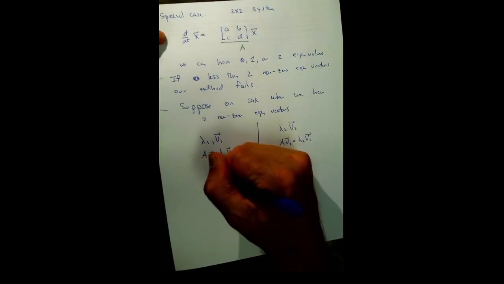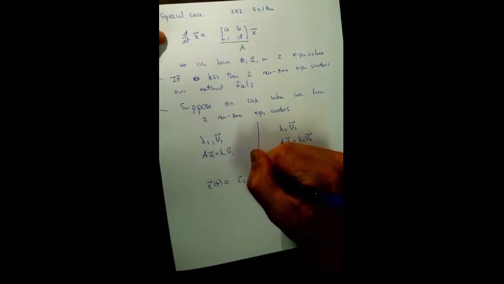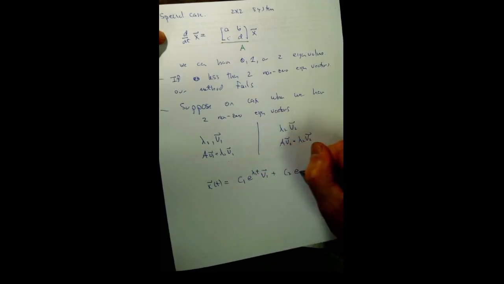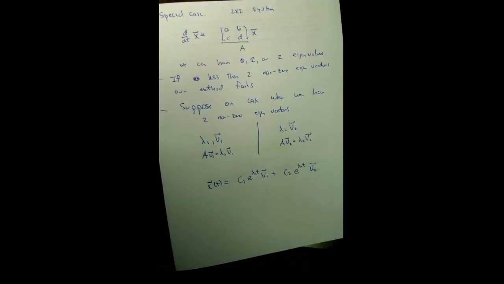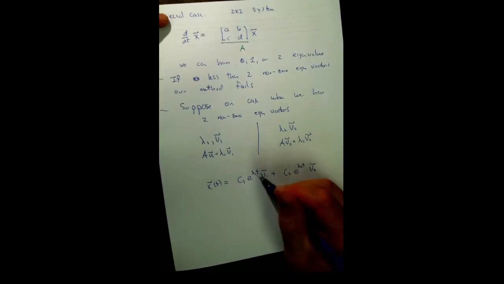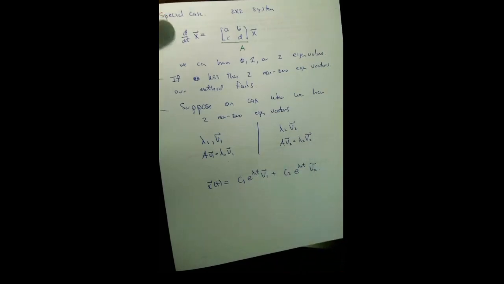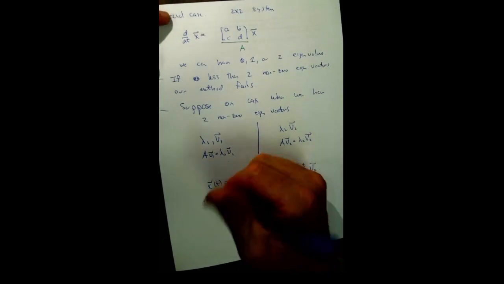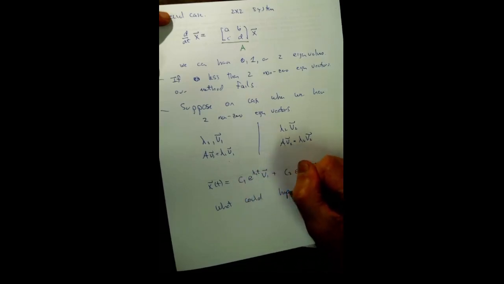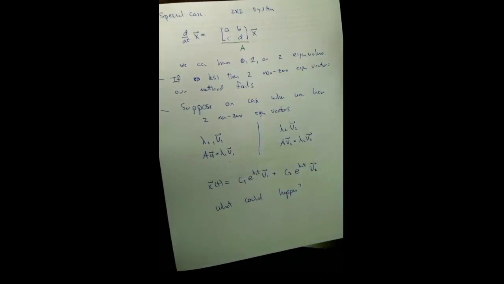So that means that our solution is going to look like c1 e to the lambda 1 t v1 plus c2 e to the lambda 2 t v2. And what we've seen so far is that if they're complex valued, they're going to be complex conjugates of one another.